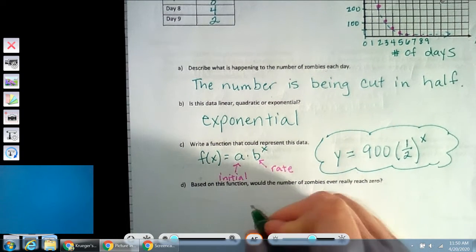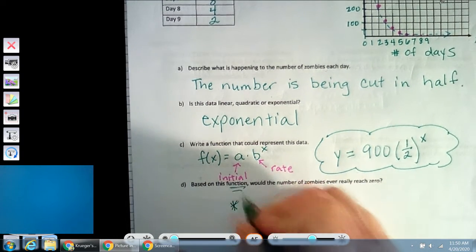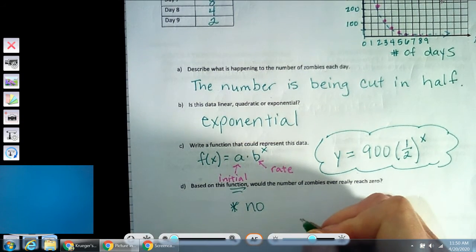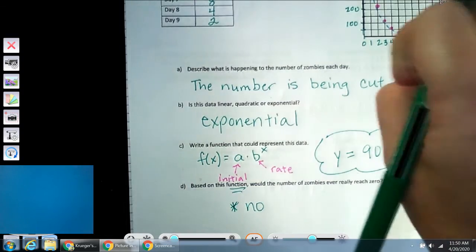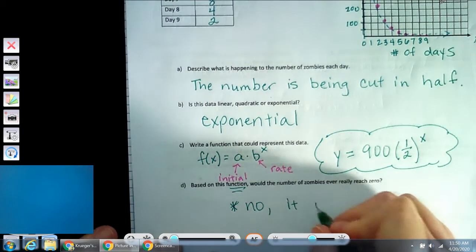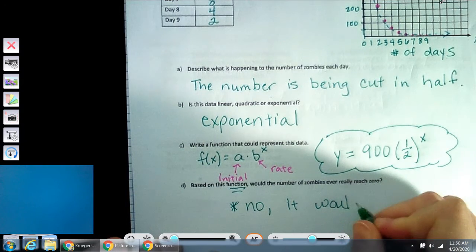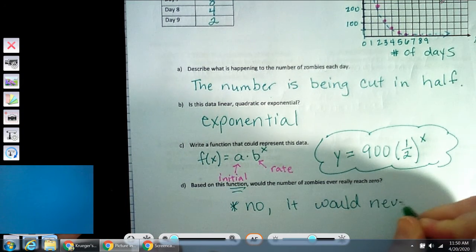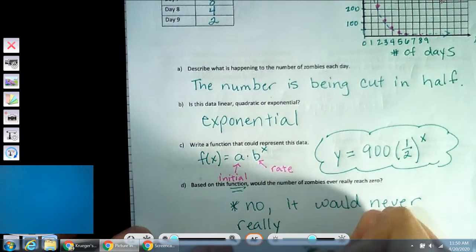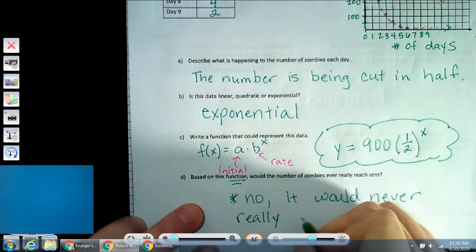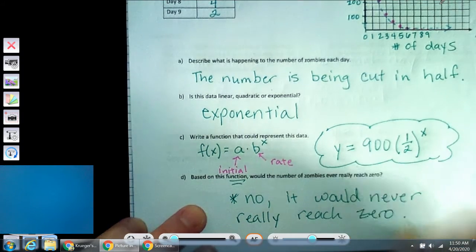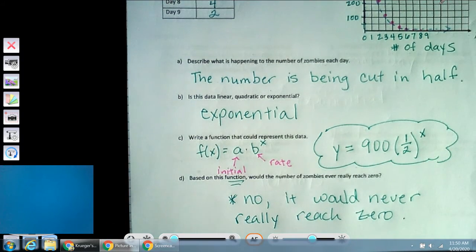And so, technically, with the function, it would never really reach 0, because if we only take half of something, it always leaves a little bit there. So, no, it would never really reach 0. It would just get closer and closer to it forever and ever, because we would always be leaving a little bit there.